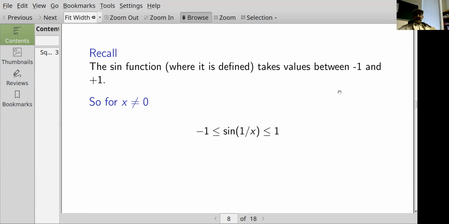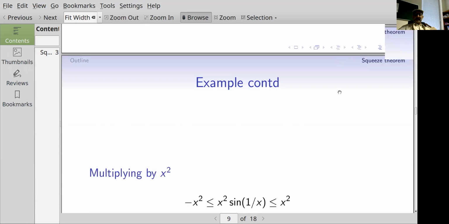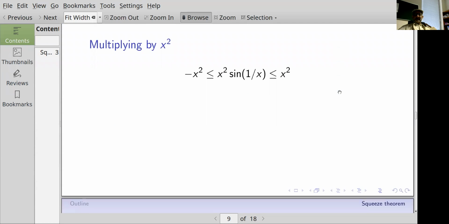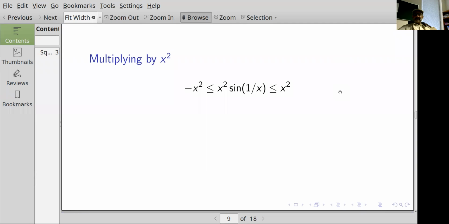Now if we multiply through by x squared, we have minus x squared is less than or equal to x squared sine of 1 over x, less than or equal to x squared. So we have the function of interest, x squared sine of 1 over x, and its values lie between minus x squared and positive x squared.